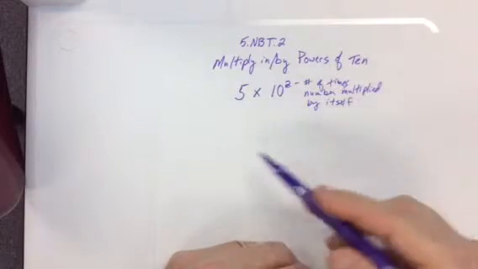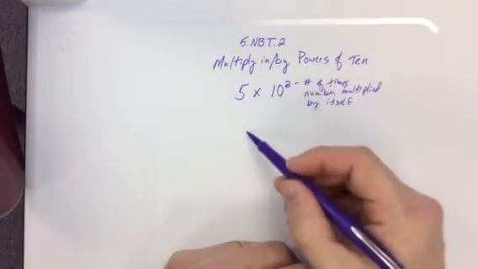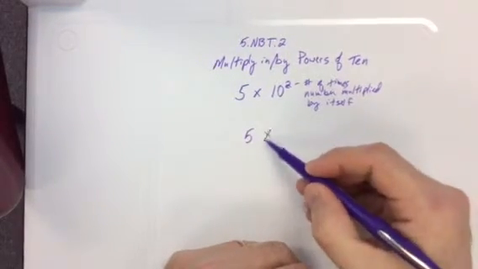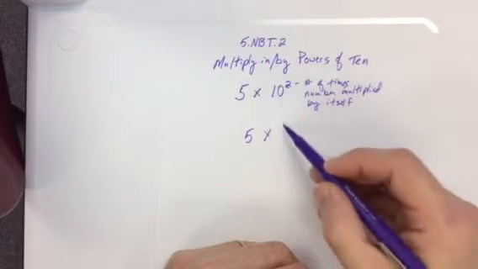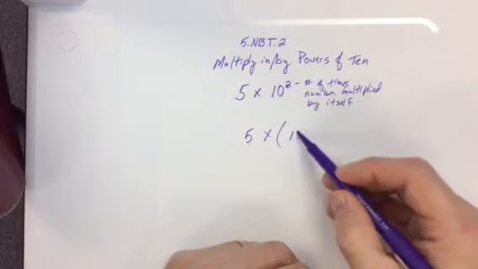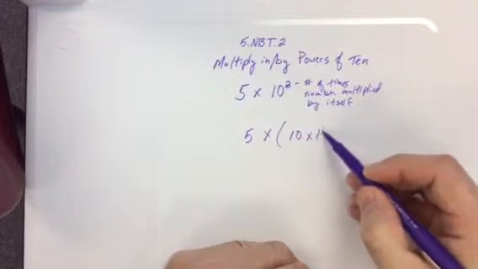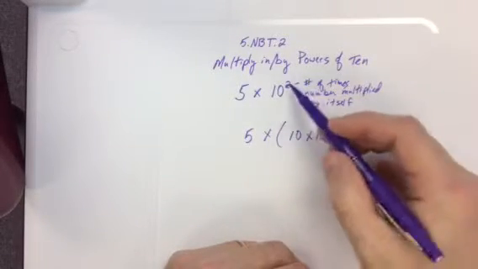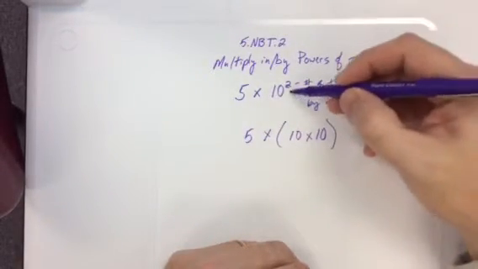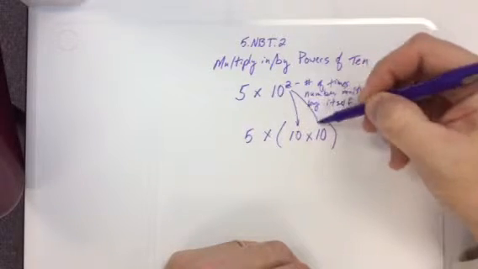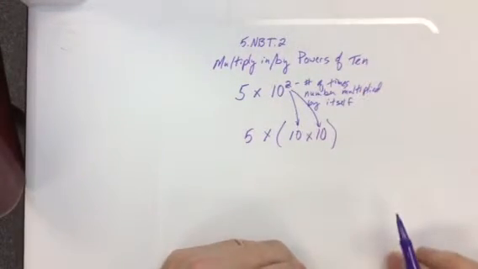So if we were going to write this problem out to demonstrate that, we would have 5 times, and then this part would be 10 times 10. This demonstrates the number of times the number would be multiplied together.